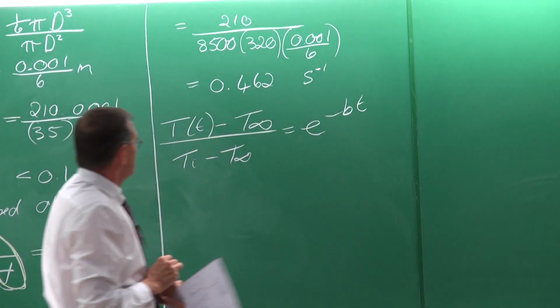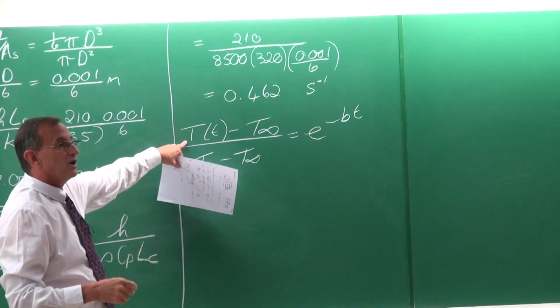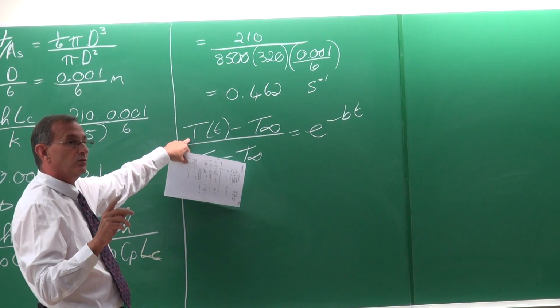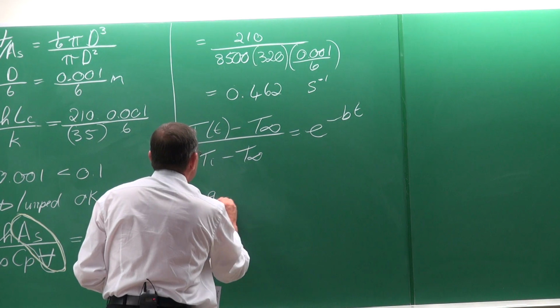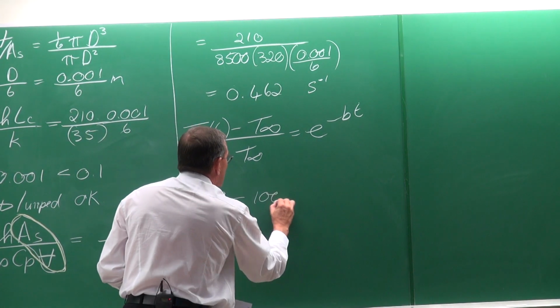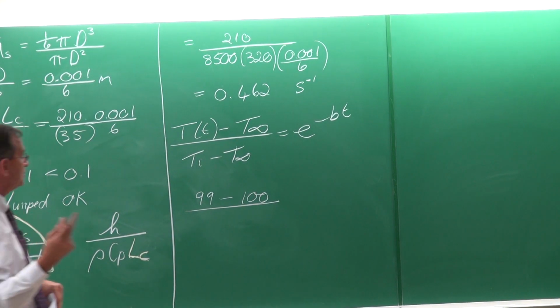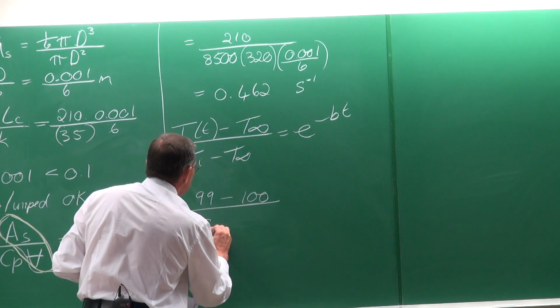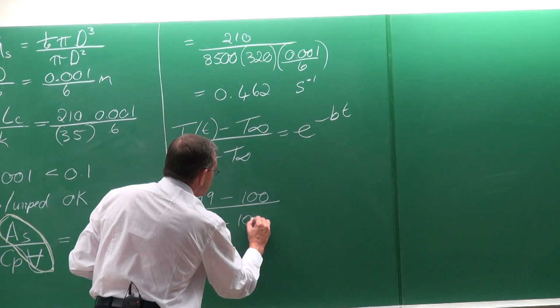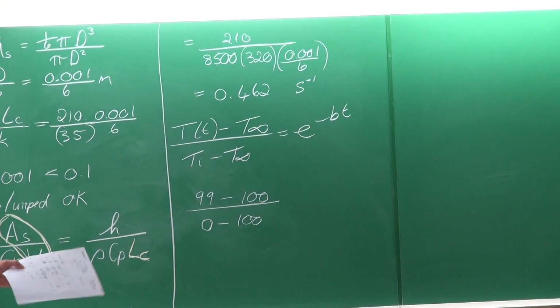Okay, with that equation that we've derived, we would like to know how long it will take to get to a temperature of 99 if the environment temperature, T infinity, changed to 100. The initial temperature is 0, so 0 minus 100. So you see the negative signs are going to disappear.